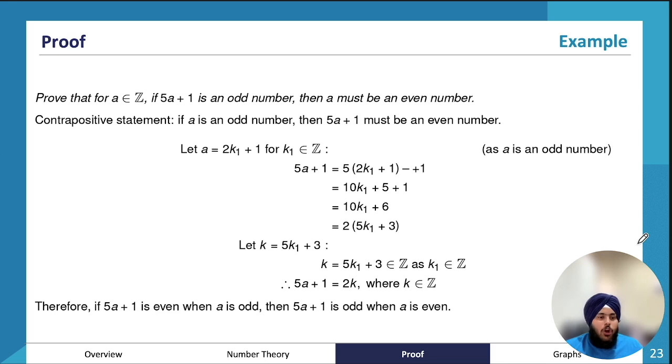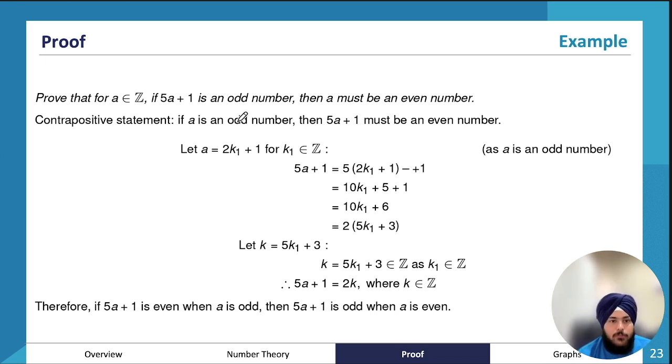To prove this by contrapositive, the contrapositive statement is: if A is an odd number, then 5A plus 1 must be an even number.